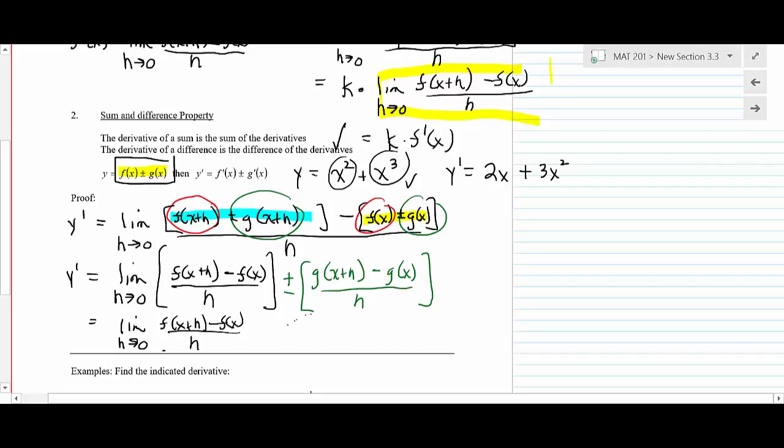And then plus or minus the limit as h goes to 0 of all this stuff over here, and then we're done. Okay, that would be g of x plus h minus g of x over h. And then we're done, because this thing right here, isn't that just the f prime of x? Okay, that's what f prime of x is, so that's what that becomes.